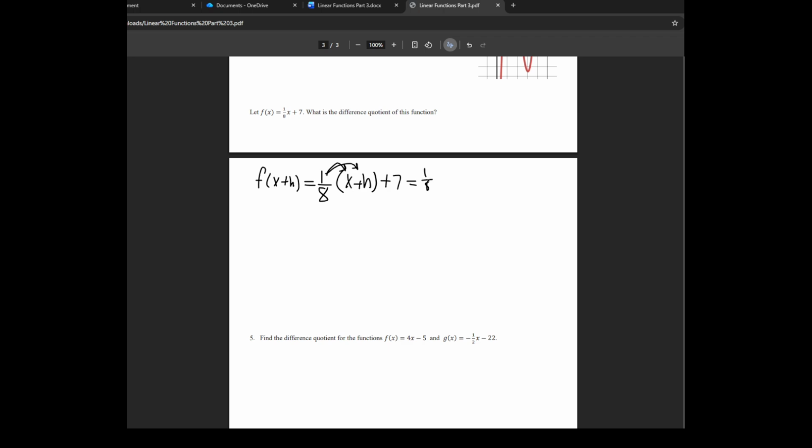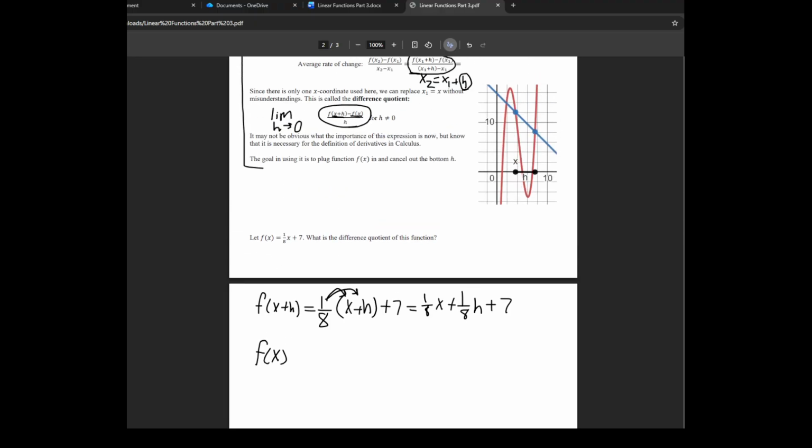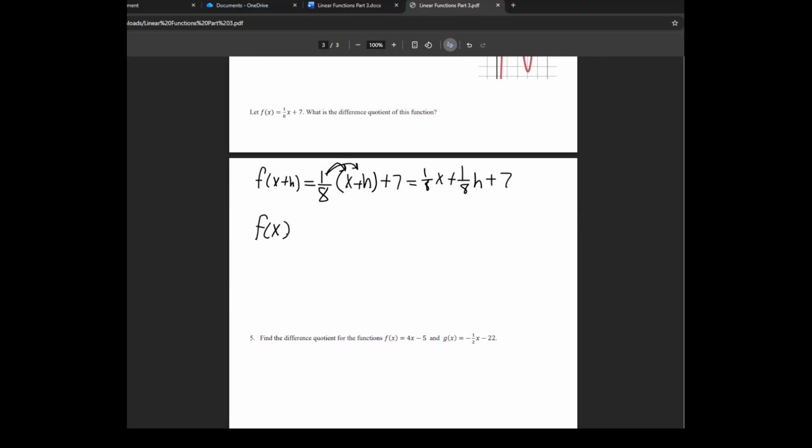So 1 over 8 times x plus 1 over 8 times h plus 7. That is what f of x plus h equals. f of x is just our original function. So the second piece of the equation we're trying to find is f of x. So f of x equals 1 over 8x plus 7. Nothing to simplify here.